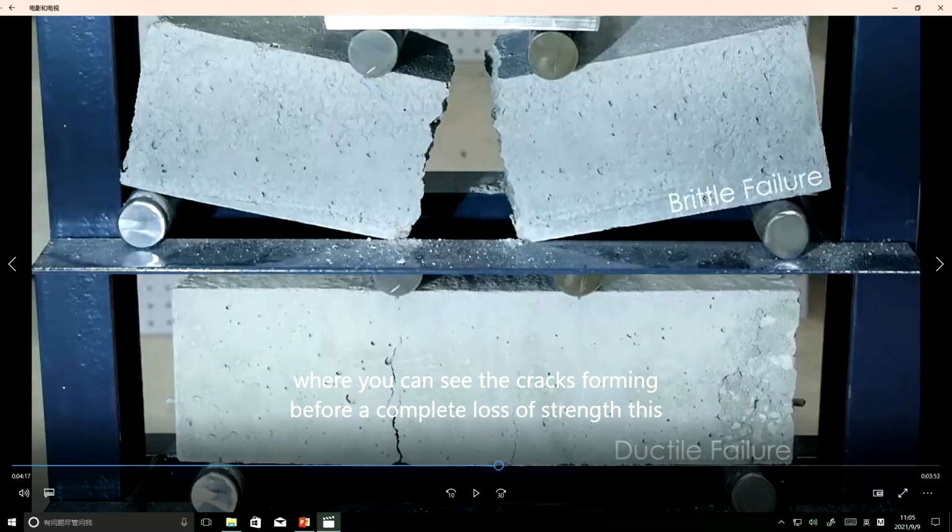And also there's another benefit that I hope everyone can know. For this brittle one, we pay a lot of attention and use a lot of material resources to build the structure, right? If it fails like this one, it will not give us the time to repair the building, right?